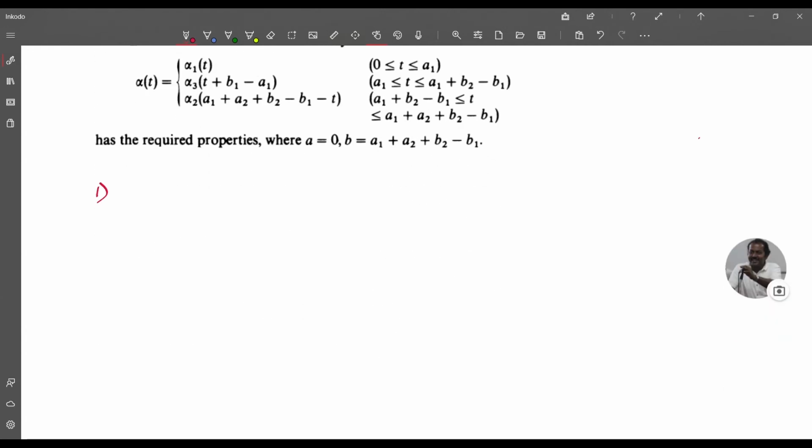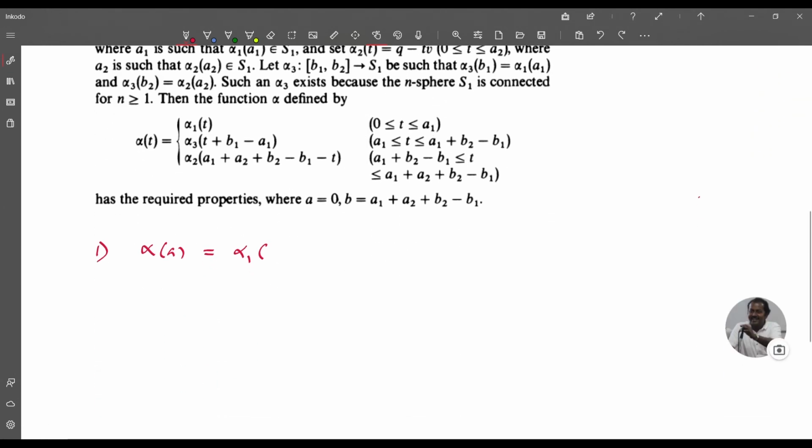Now the required properties are, the first one, alpha of a. You know that alpha of a is alpha 1 of a, and a is 0, our choice. So this is alpha of 0, which is alpha 1 of 0.